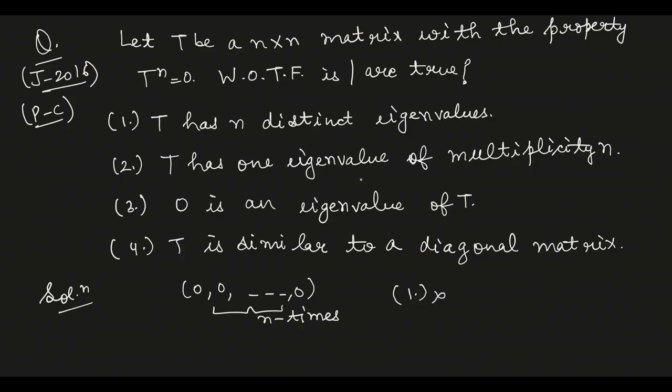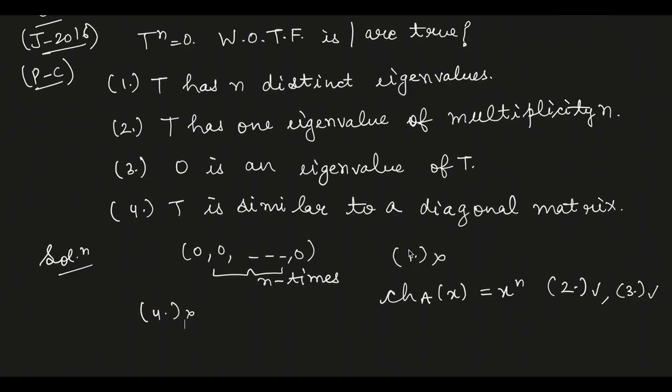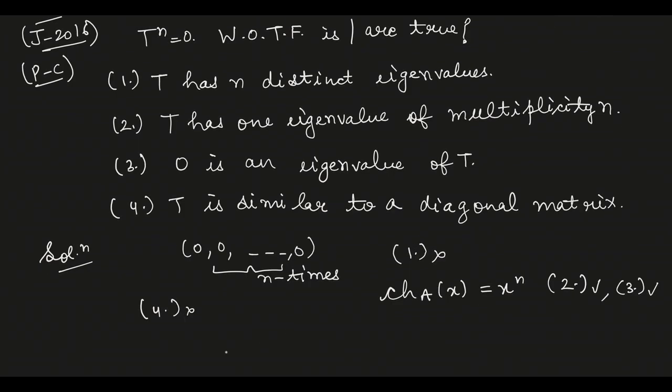So T has one eigenvalue of multiplicity n. What will be the characteristic polynomial? X to the power n, no? So it has one eigenvalue of multiplicity n. The second option is correct. Third is also correct. Fourth is wrong, because T is similar to a zero matrix. So answers are options 2 and 3.